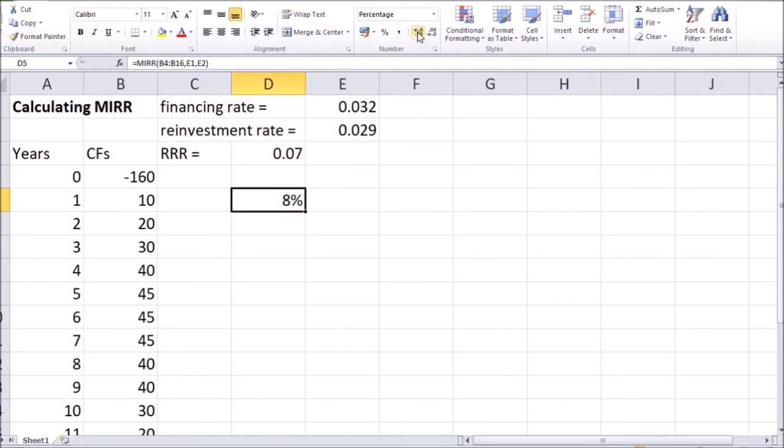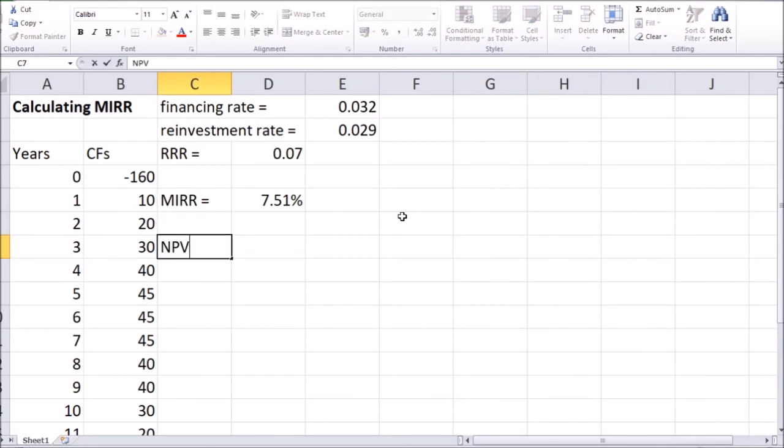Use this button for more details. It's actually 7.51%. In this case, it's greater than the required rate of return, so looks like we should accept the project according to the modified internal rate of return. So let's give it a name as well. MIRR is equal to 7.51%.